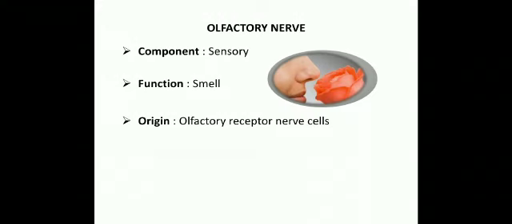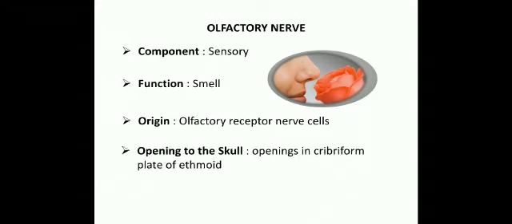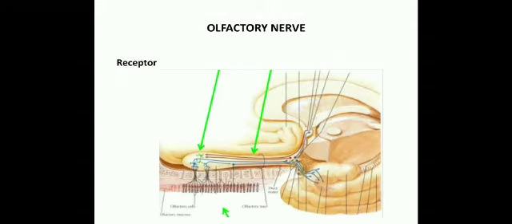So, now the olfactory nerve, that is the first cranial nerve. The component is sensory and the function is smell. The origin is from the olfactory receptor nerve cells and it opens to the skull through the openings in the cribriform plate of ethmoid.